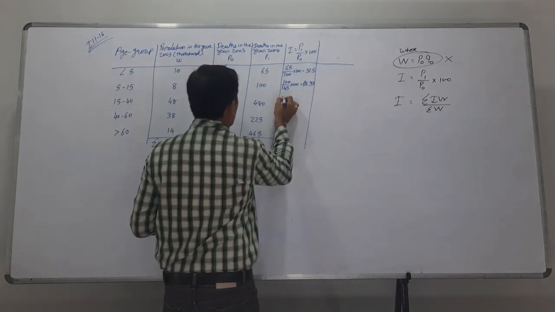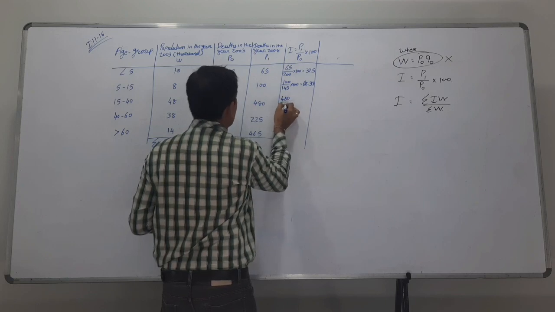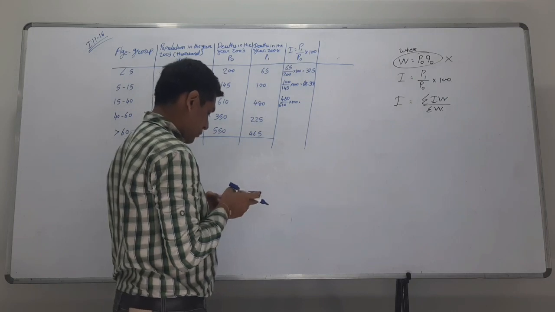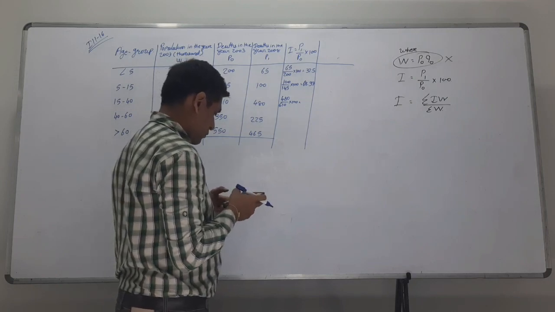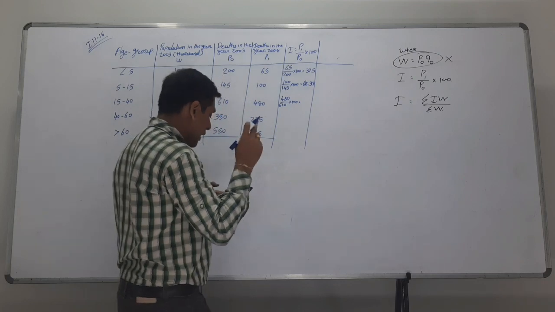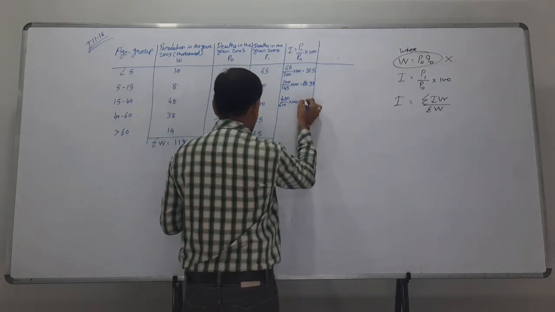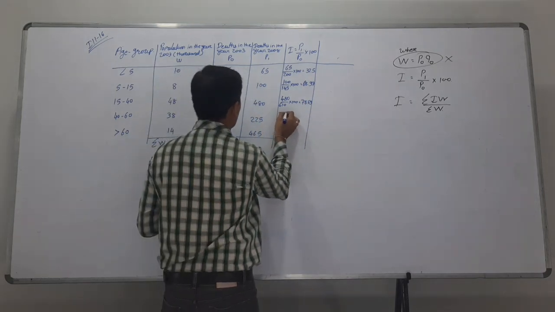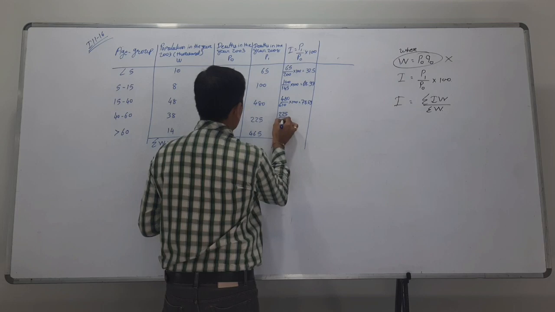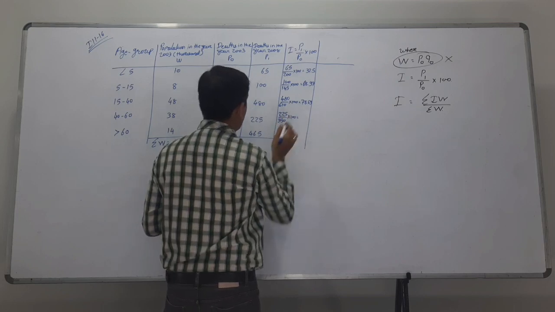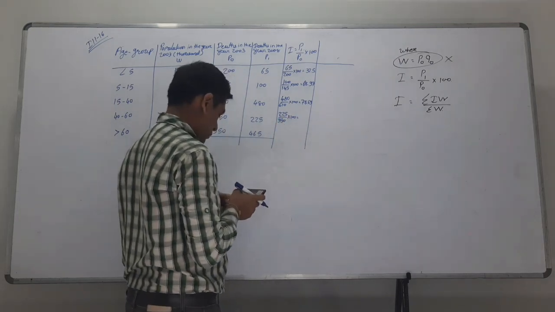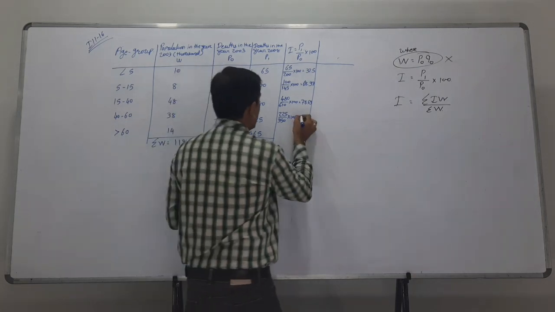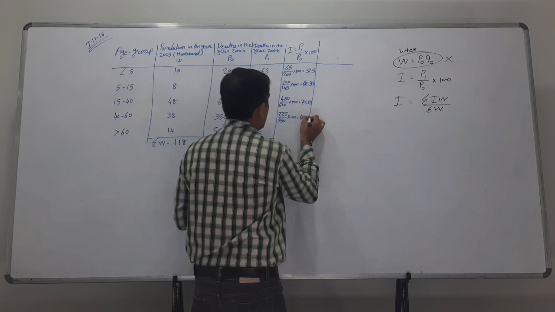Okay, next 480 divided by 610 into 100, that is 78.688, that is 78.69. Now 225 divided by 350 into 100, 64.285, 68.29.